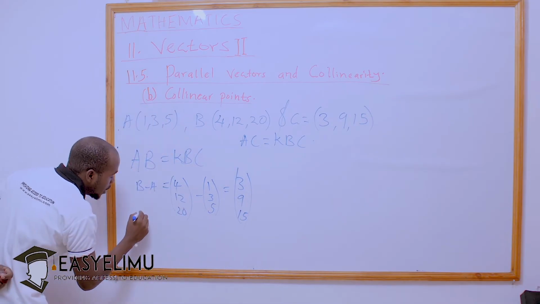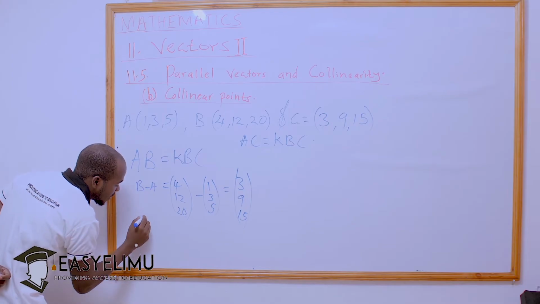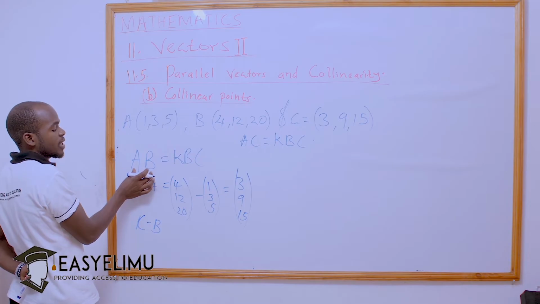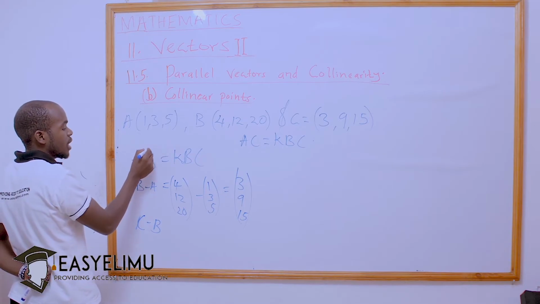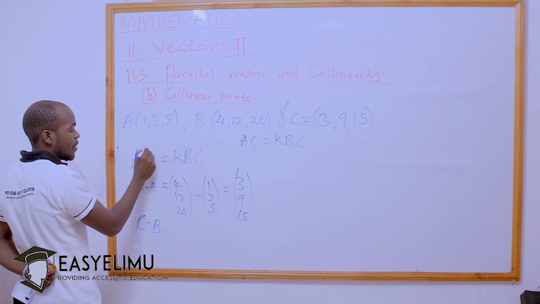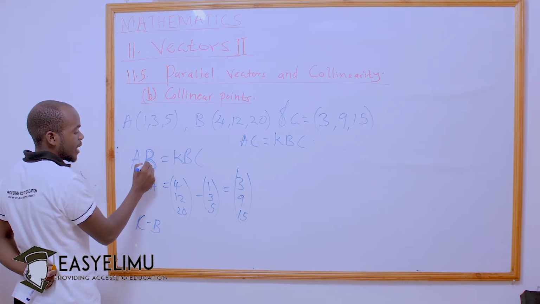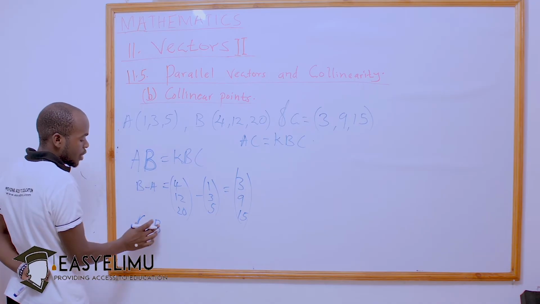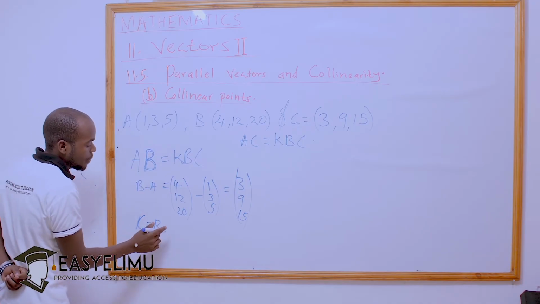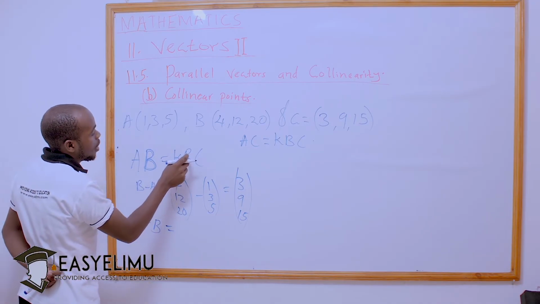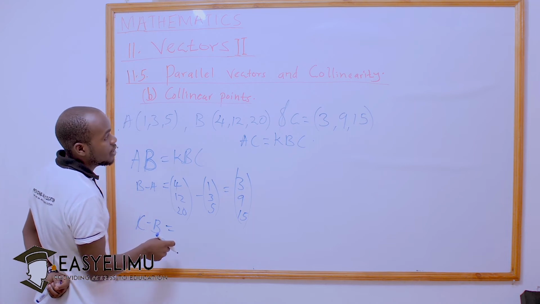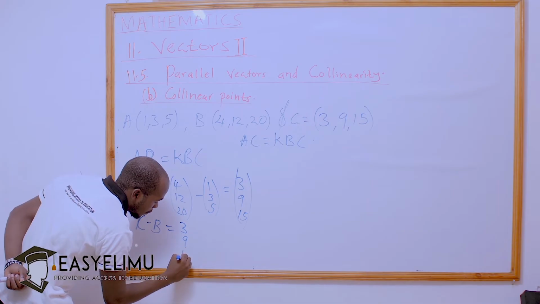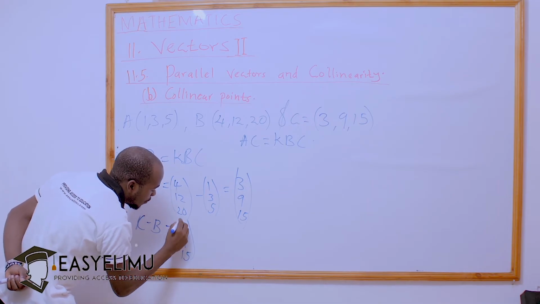Then BC is the same as taking C minus B. If you have 2 vectors together like this, you take the next one, the vector on the right hand, and subtract the previous one. So that is C minus B, where C is 3, 9, 15, written in a column vector.